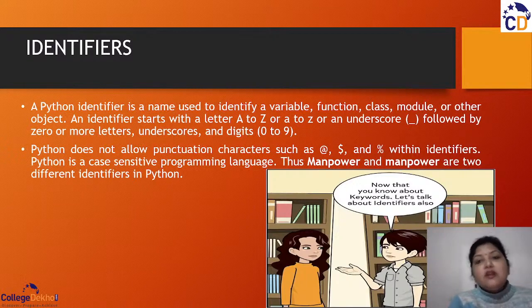So you can use these characters: alphabets, numbers, and only underscore. Among special characters, only underscore is allowed. Other special characters like dollar sign, at the rate sign, percentage sign cannot be used while defining identifiers, right? And it is very important that Python is a case sensitive programming language. So what do you mean by case sensitive? I have given one example: Manpower and manpower are two different identifiers in Python.